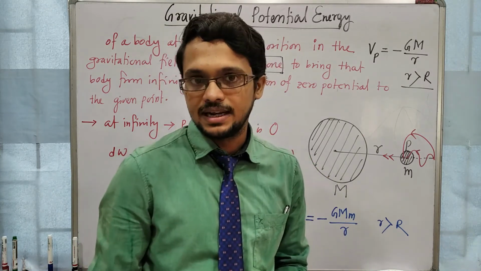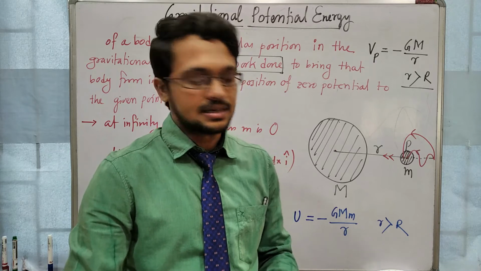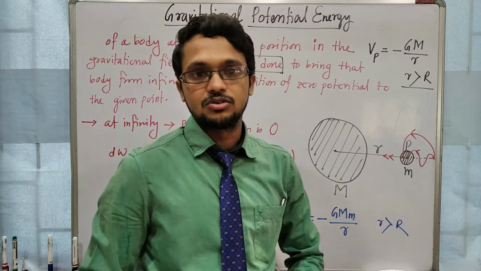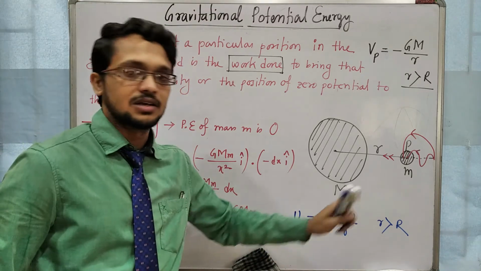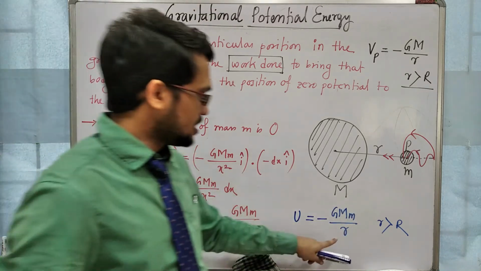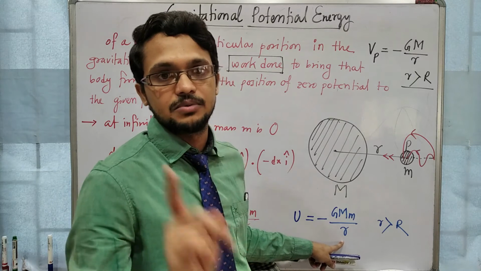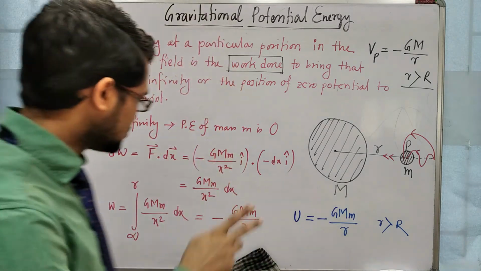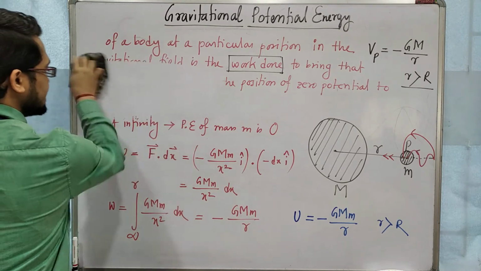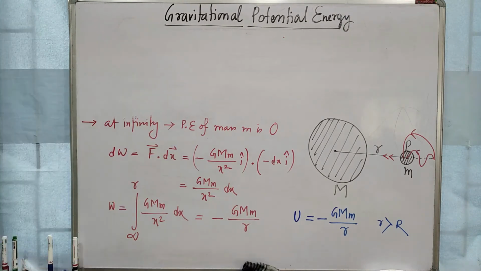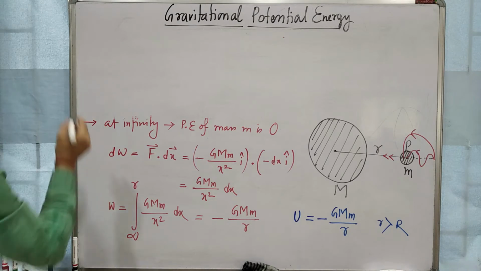It is not depending on the path along which it came to this point. We do not know about the path from this formula. We only know about its final position, where it has come. So a very important point is that gravitational potential energy depends only on the final position.